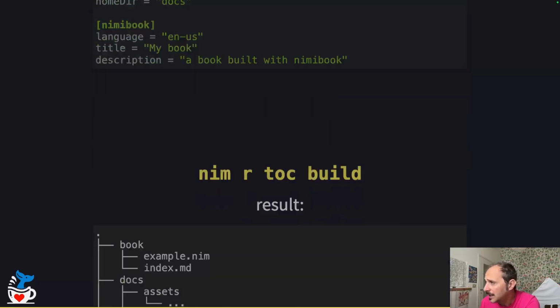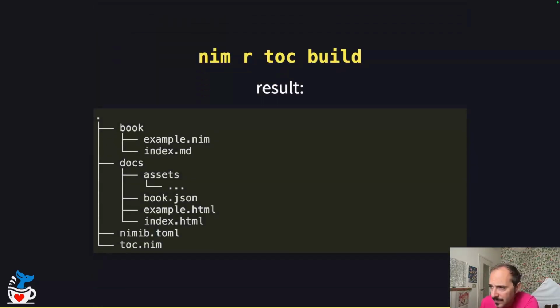Once you have run talk init, you can run talk build already without having produced any other content, and talk build will create an index.html, which is created from the index.md, an example.html, which is created from the example.nim, and a book.json, which contains the metadata for your website.